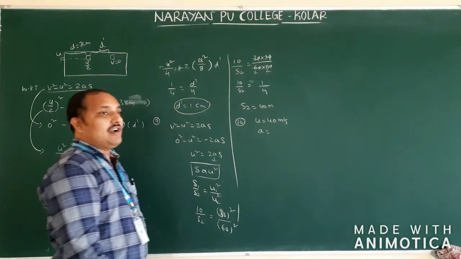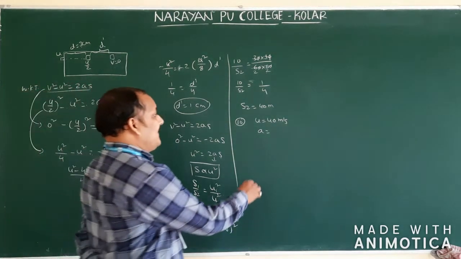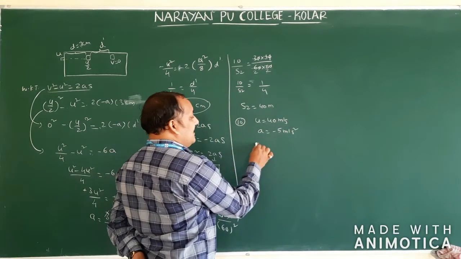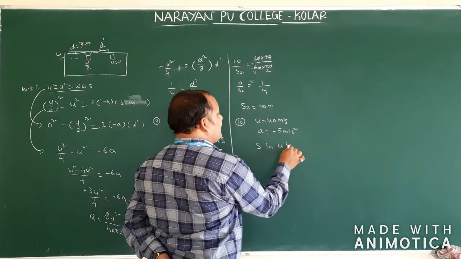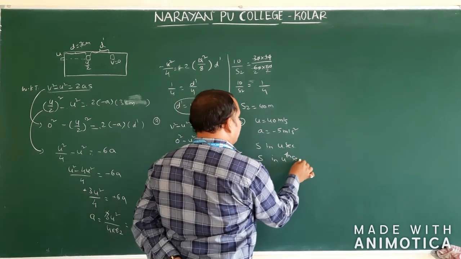So it is moving with constant retardation. Constant retardation means negative acceleration. That is nothing but -5. So they are asking distance in 4 seconds, distance in 4th second.